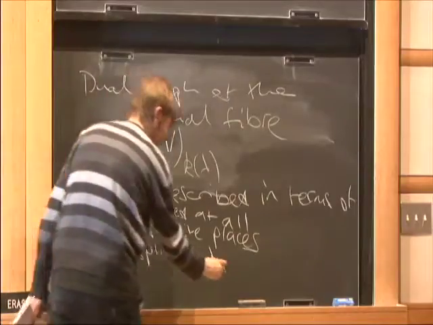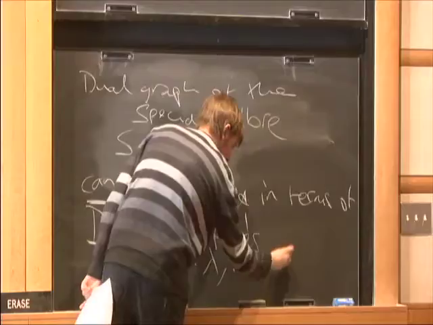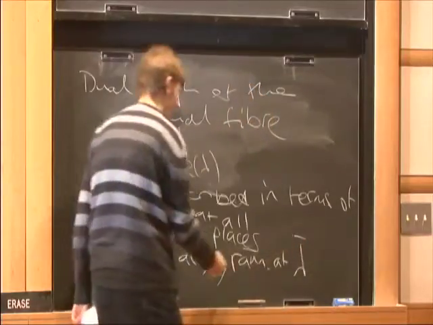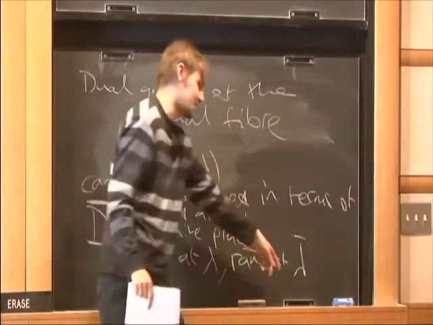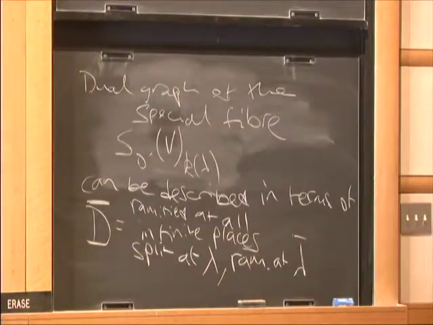So it's split at lambda, ramified at lambda bar, if you like. So if lambda were lambda 1, then lambda bar would be lambda 2. Okay. Great. So it's something about integral models.